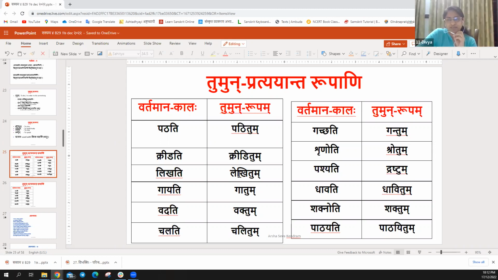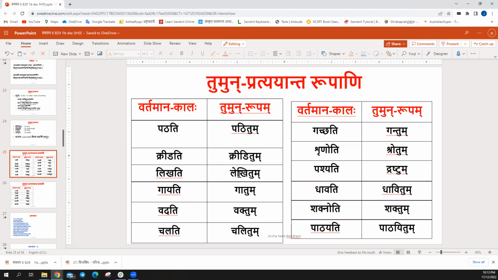Only one, Ekavachana. Gachati. Gachanti is too many Kartiks. Two or more would be Bahuvachana. So what is the Ekavachana of Gachanti? Gachati. Okay.